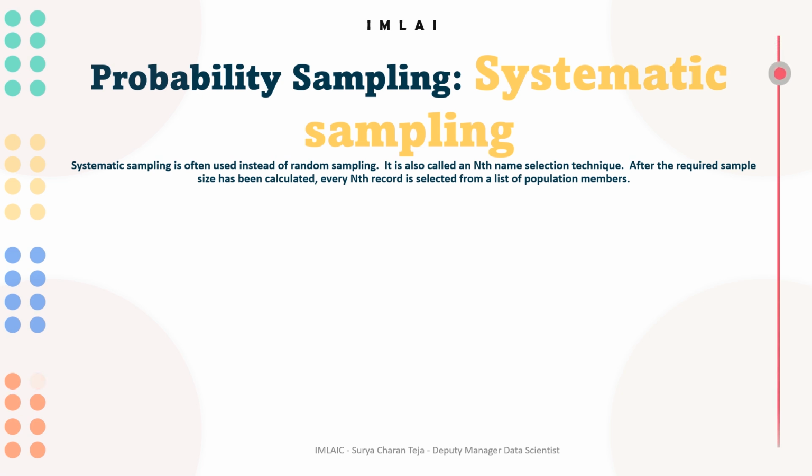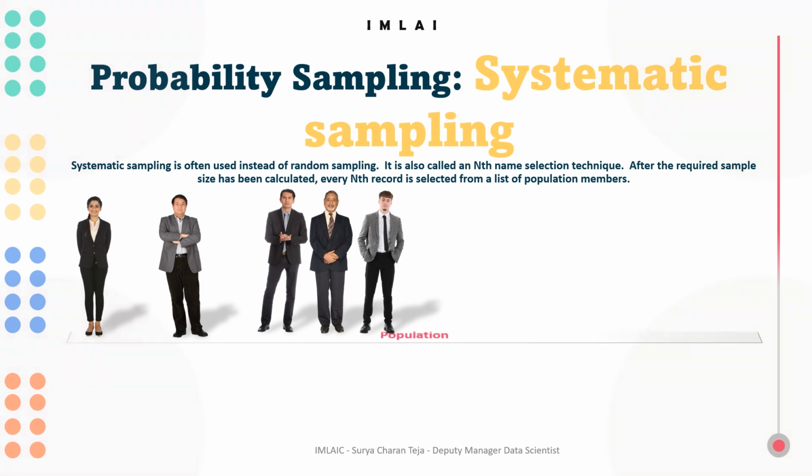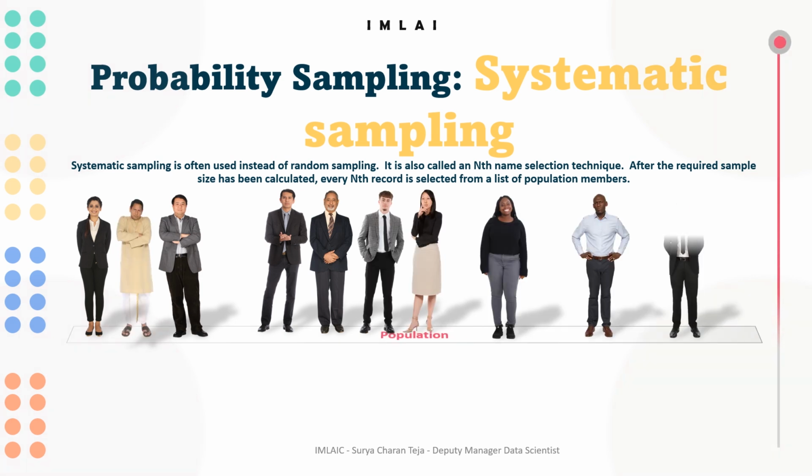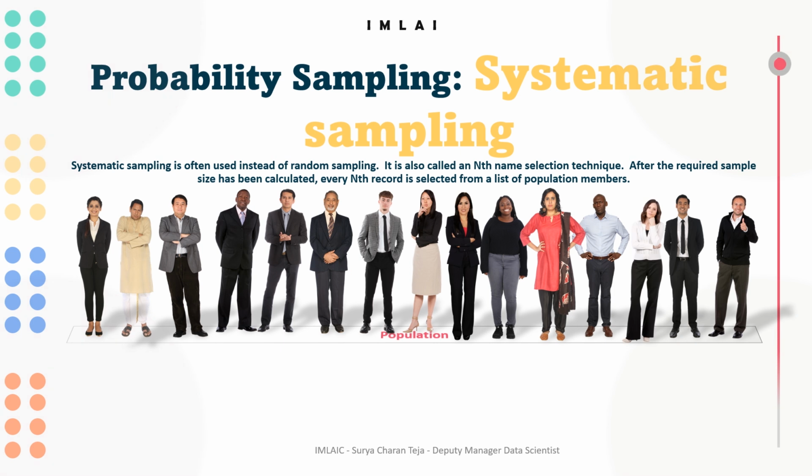So systematic sampling is a probability sampling technique in which a sample is selected by taking every kth individual from a population. Okay, let's take this. This is our study population from a city, and now using systematic sampling, how can we sample the elements? So now I have to decide the kth individual I want to sample every time.